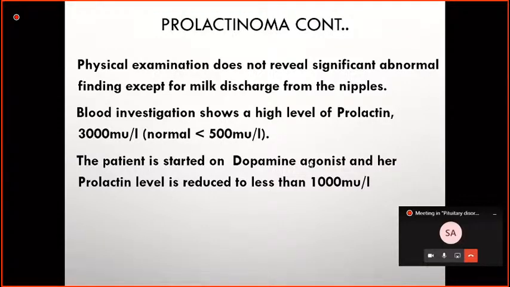Okay, so dopamine comes from hypothalamus. So any disturbance of dopamine to inhibit prolactin can cause increase in prolactin. So what can inhibit dopamine? What can cause decrease in dopamine? Anyone?